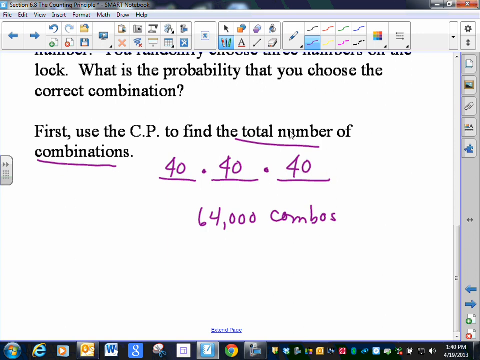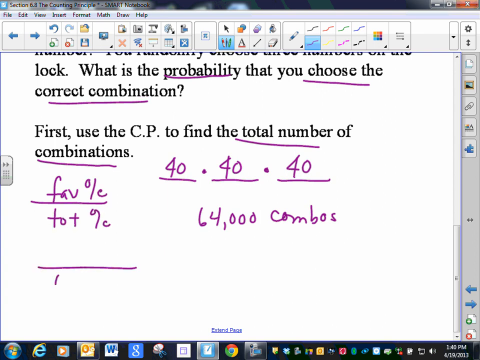Now we're asked to find the probability that you can guess the combination. So favorable, which is your combination, over total outcomes. We know the total outcomes is this 64,000. How many favorable outcomes are there?